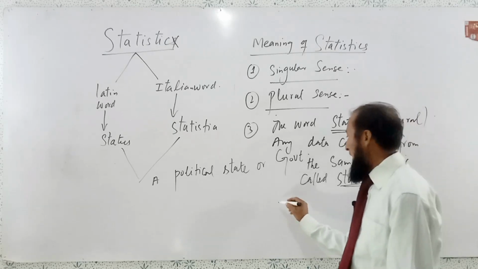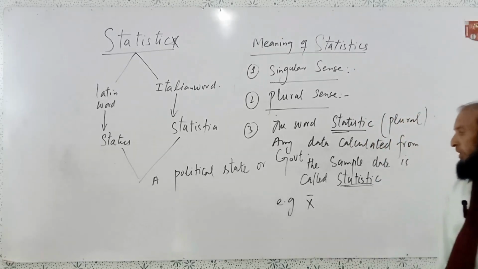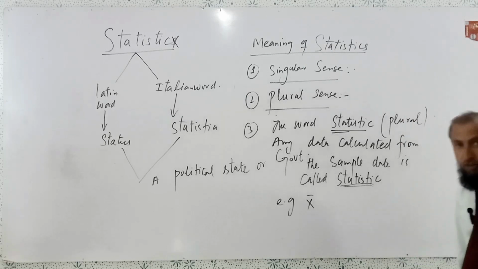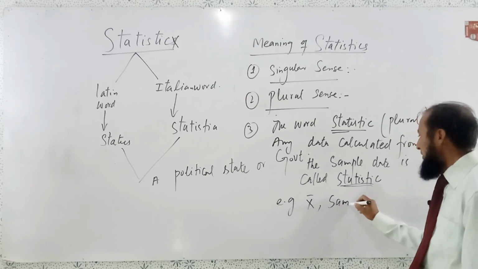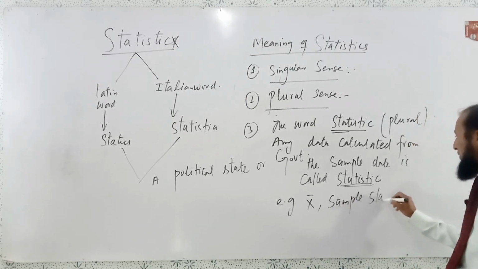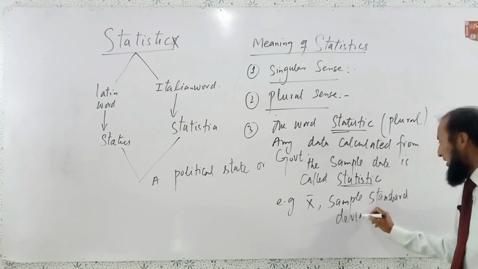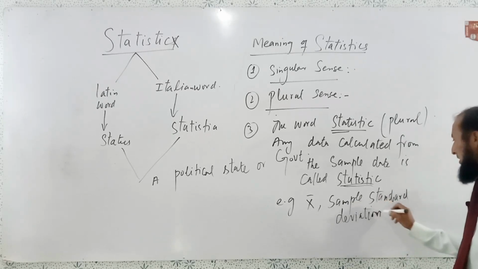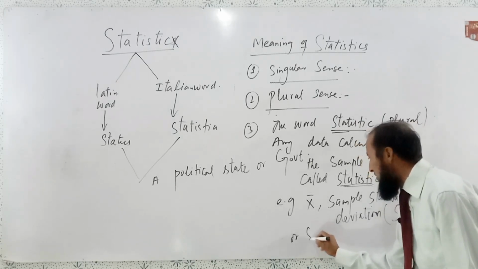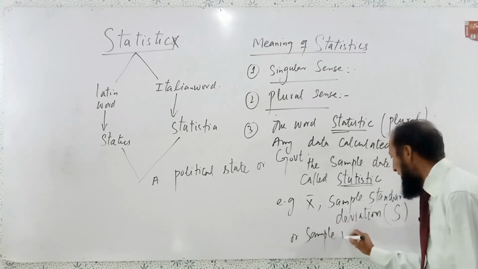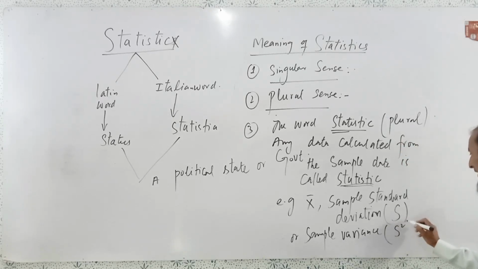For example, x bar means the sample mean, or we can say the average, or the measure of central tendency. Also the sample standard deviation, which is denoted by capital S, or the sample variance, which is denoted by capital S squared.